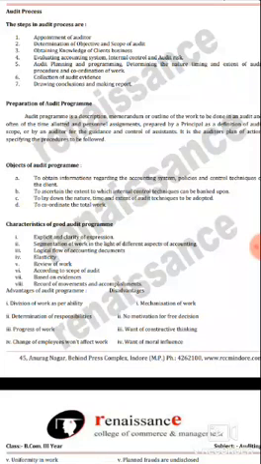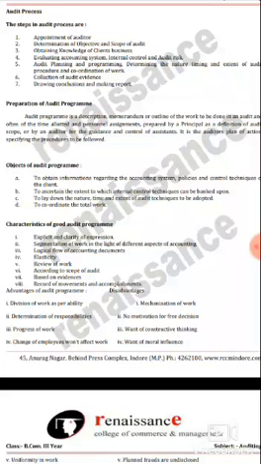So here in this program, the outline is written by the auditor. That means what is the scope of the audit in that company, what is the definition of the audit, and the guidance and control of assistants are decided in that audit program.